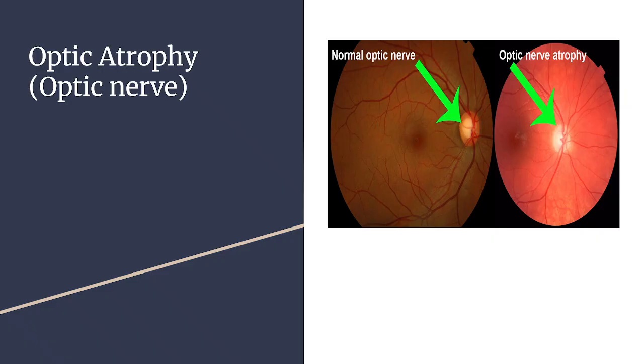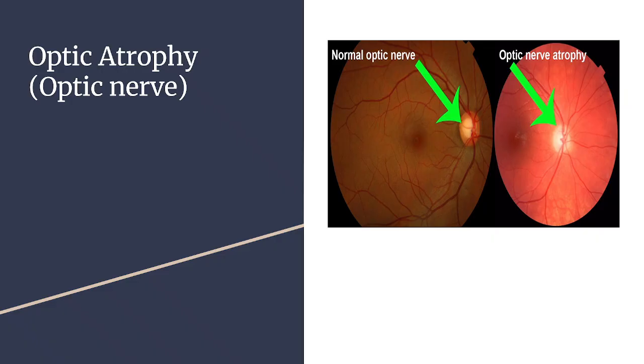Optic atrophy means the loss of some or most of the nerve fibers in the optic nerve. Many diseases or disorders can lead to optic atrophy or damage to one or both of the optic nerves. Optic atrophy can occur in people where the optic nerves did not develop properly.